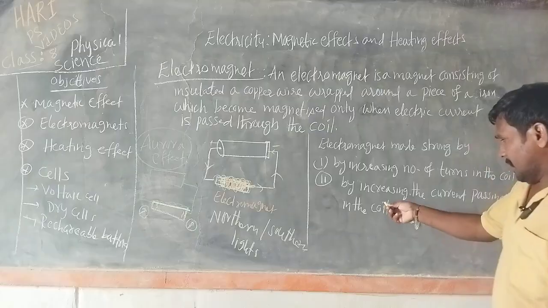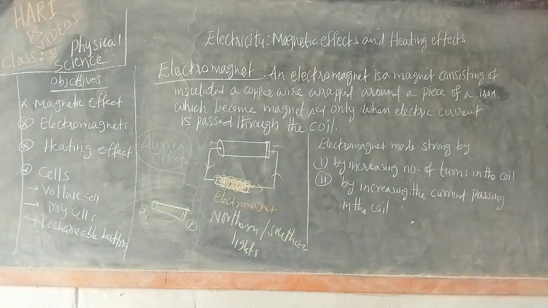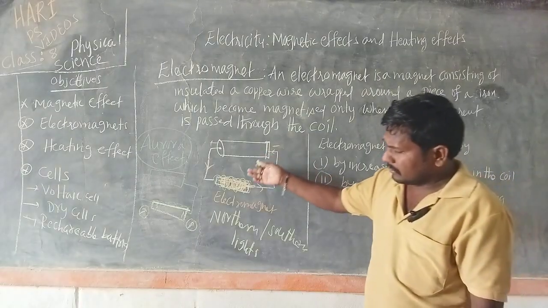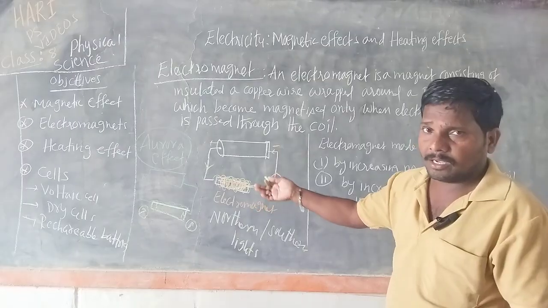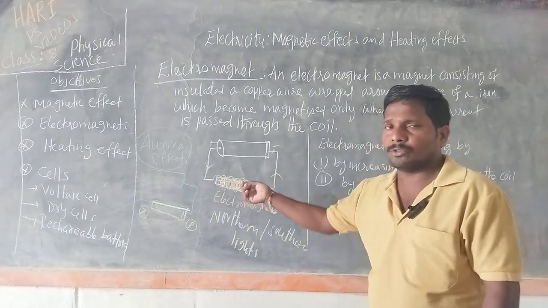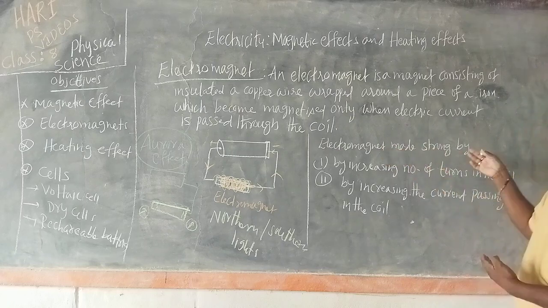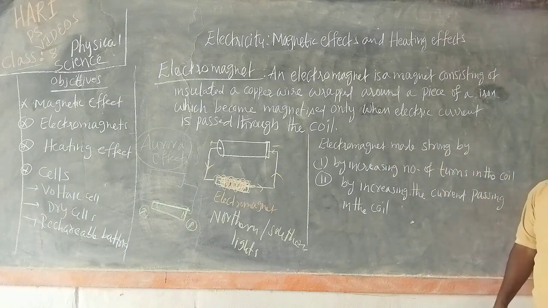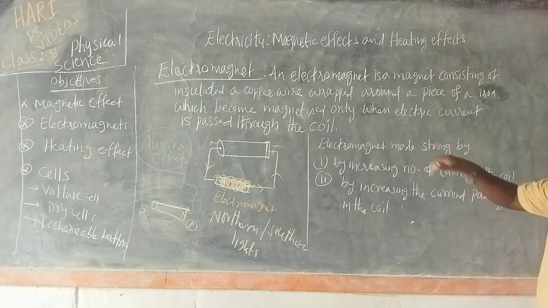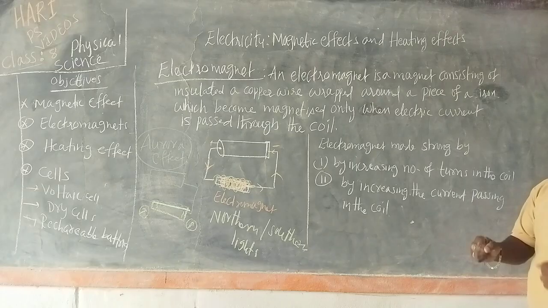Or by increasing the current passing in the coil, if we pass more current, the electromagnet becomes strong. In this way we can increase the power of an electromagnet.